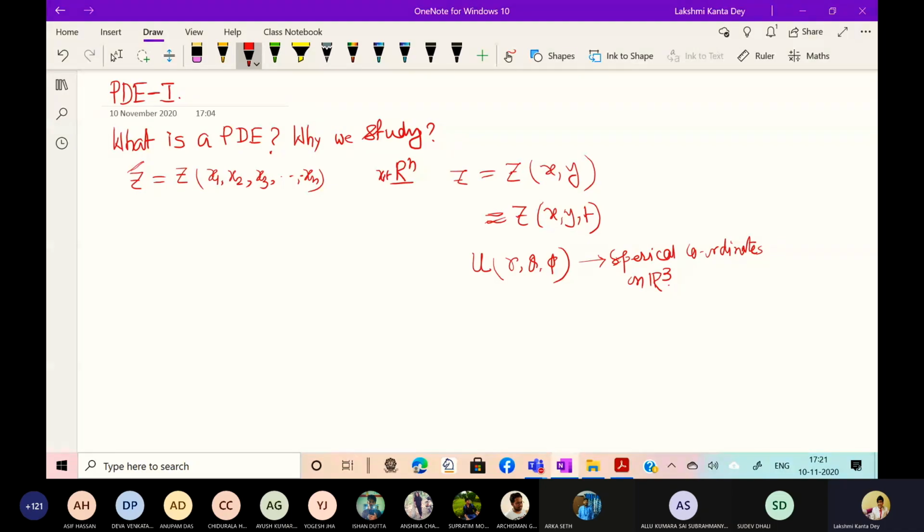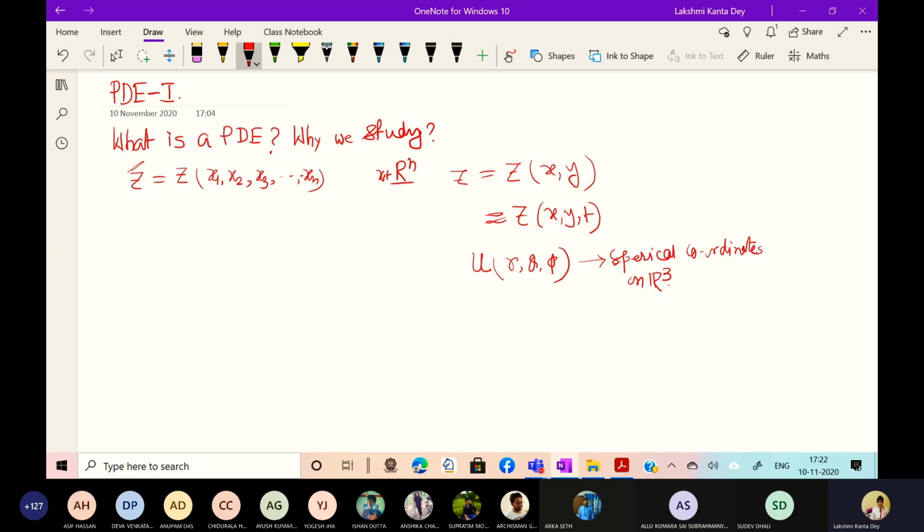But in the case of a partial differential equation, the number of dependent variables is 1, usually written as Z, or sometimes U, and the independent variables are at least 2. Clear? And once the number of independent variables is more than 1, there is a question of partial differentiation.